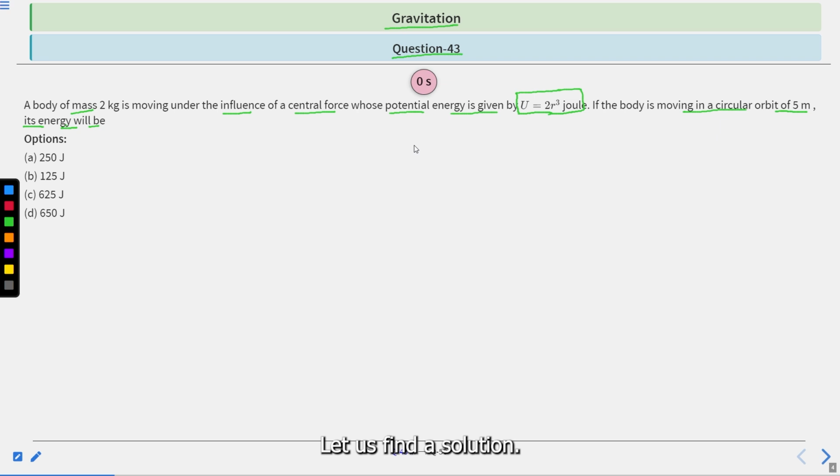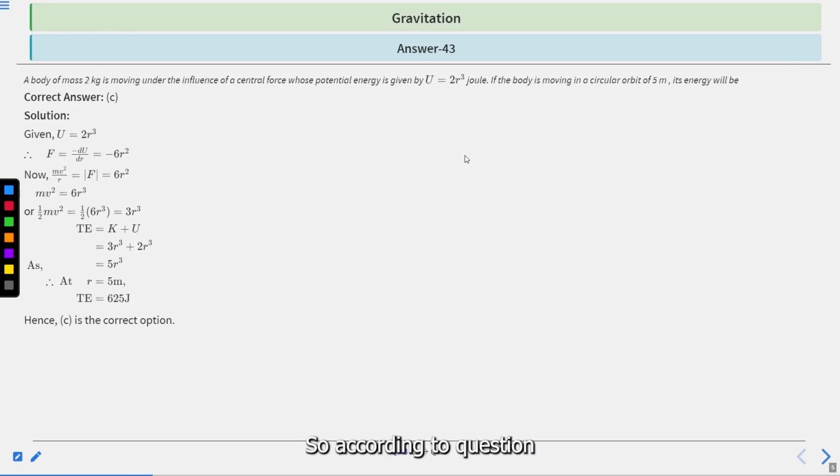Let's find the solution. A body of mass 2 kg is moving under the influence of a central force whose potential energy is U equal to 2r cube joule, in a circular orbit of 5 meter, and we are asked the energy.